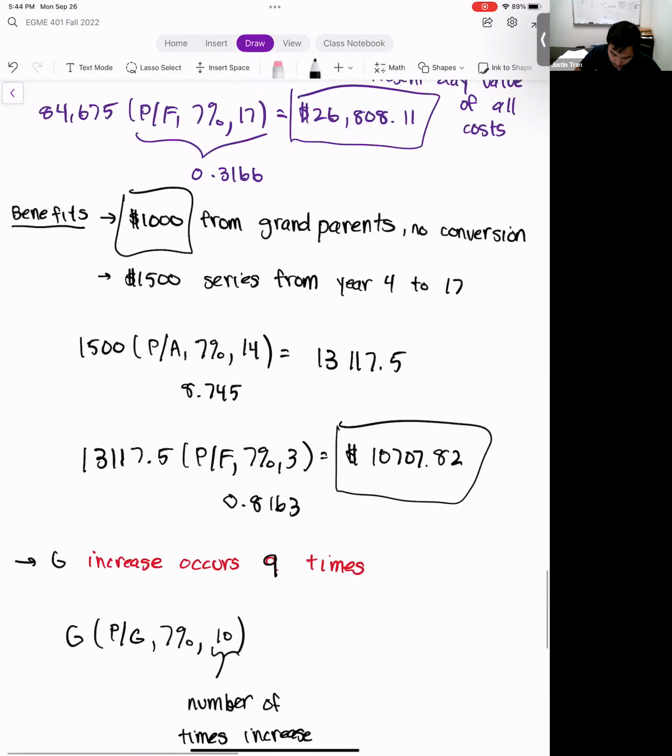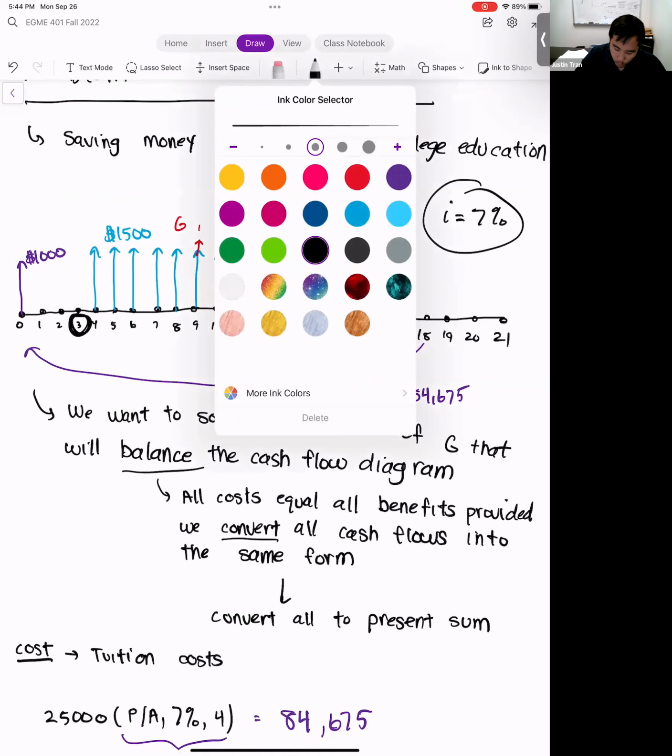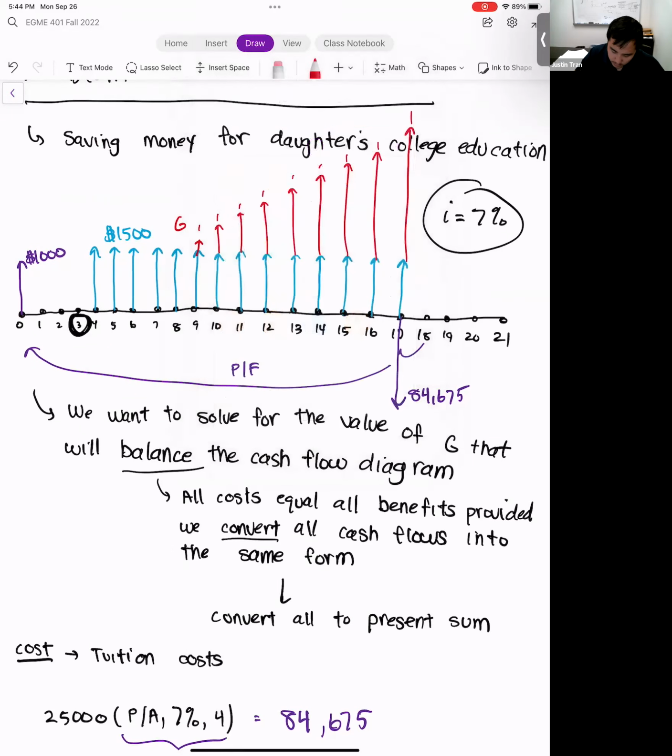Okay. And the next tricky thing is, where do we actually put this gradient as well? And so since we're converting this to a P, we actually put this 2 years before the increases start occurring. So this is actually going to occur on year 7. Well, it should be pointing up, not down.